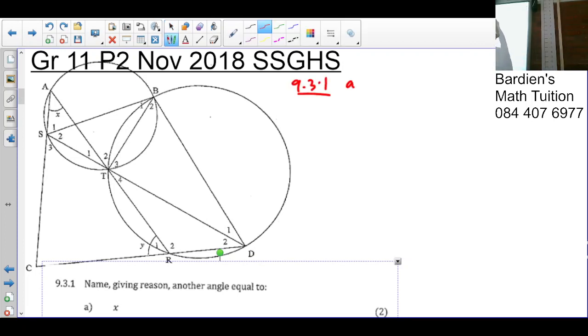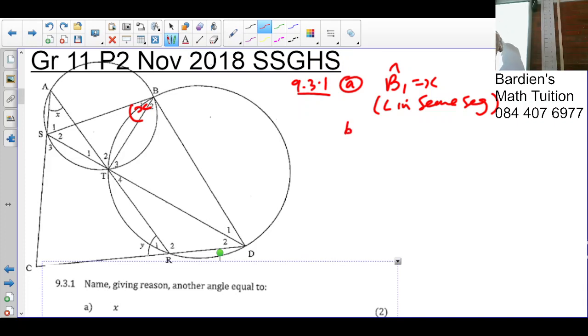Right? So if this is your X here, then of course B1 is X. Not so? Angles in the same segment. So B1 is equal to X. Angles in same segment.